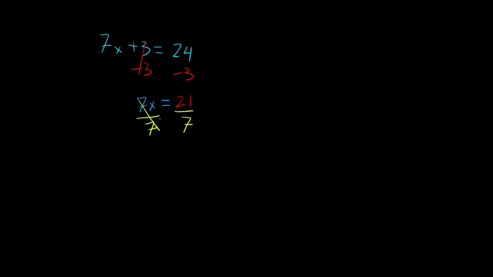Then we get x is equal to 21 over 7. And we can simplify this even further. If we do 21 divided by 7, this will equal 3.